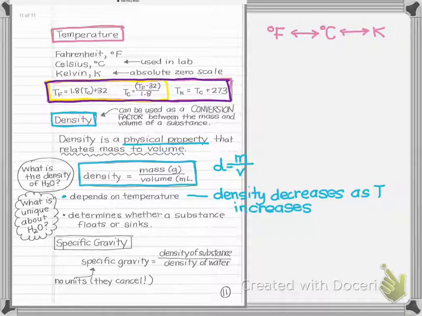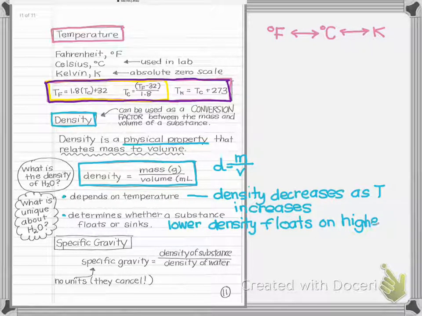Now, if you have two substances that will not mix, you can determine which one has the lower density because the lower density substance will float on a higher density substance. One example that you may already know is oil and water.